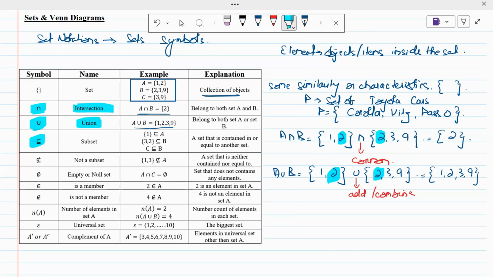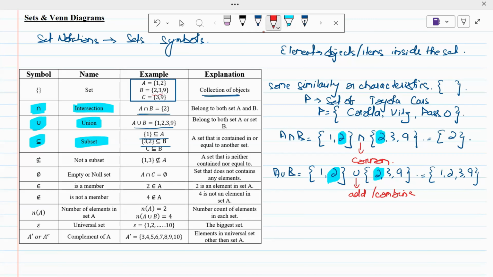Next symbol, subset. Subset is defined as one set being a part of another set. The example you can see here is 1 is a subset of A, which means 1 is a part of set A. Next example, 3 comma 2 is a subset of B. Yes, we can see 2 and 3 are there in set B also.